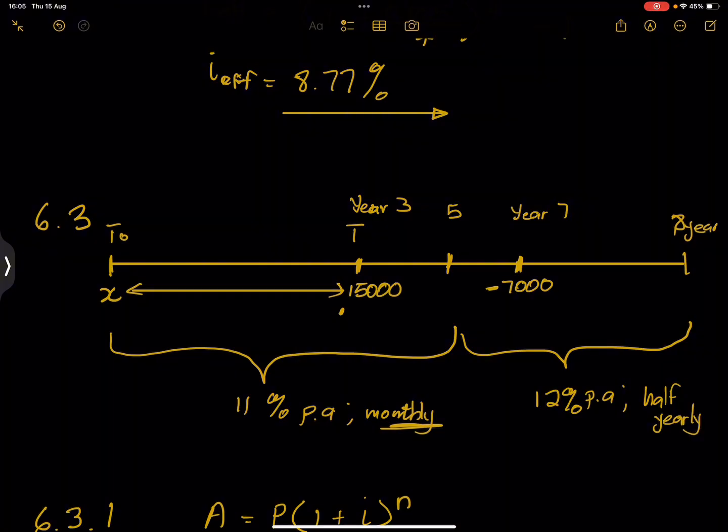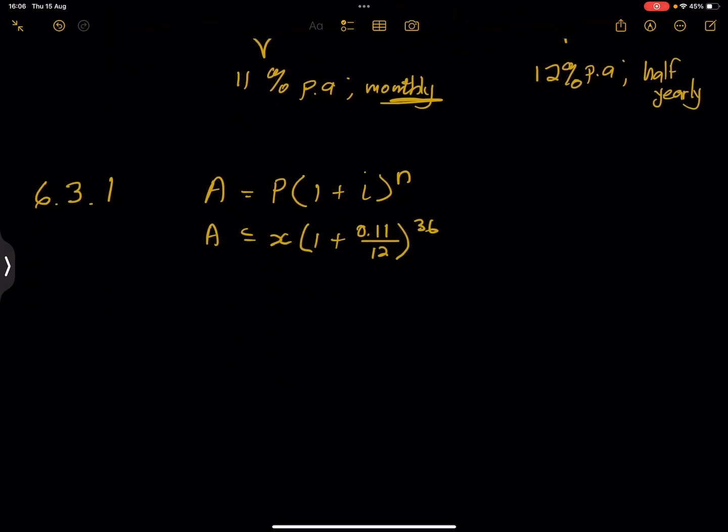So from year 3, we are going to add another 15,000 into the account. So we know that this will go through 2 stages. So 15,000 will go through the 11% per annum, but it will also go through the 12% per annum, half yearly. So let's find for the other deposit.